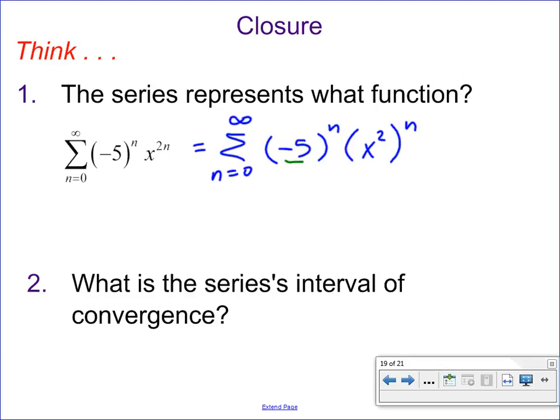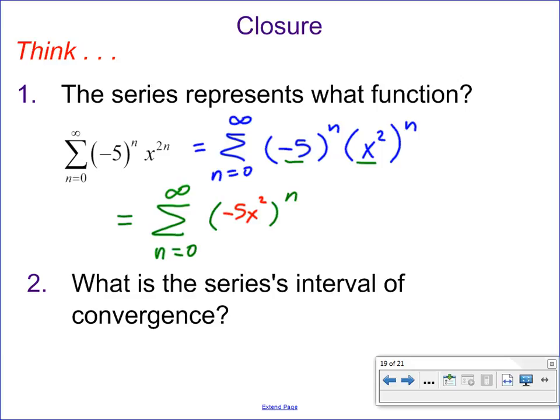We see that we can join this as a product of negative 5x squared. That's going to be my ratio r. So this becomes, here we go, negative 5x squared. Right? So can I rewrite this as a function?